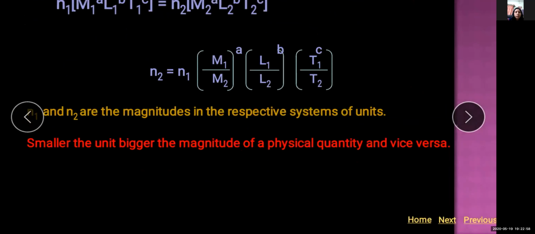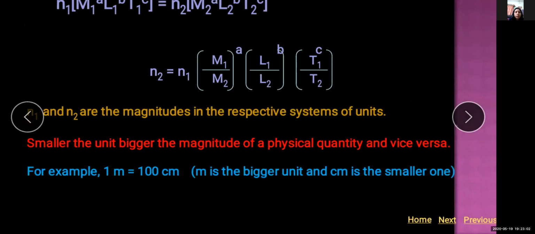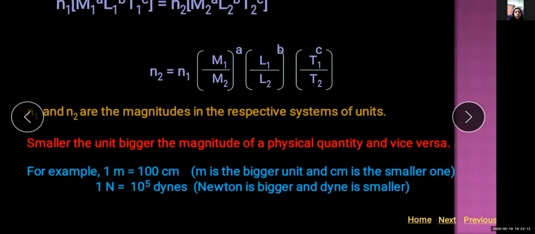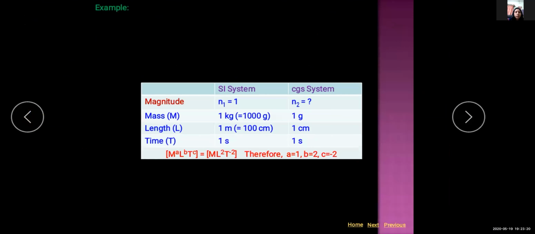Smaller the unit, bigger the magnitude of a physical quantity. For example, 1 meter equals 100 centimeter. So meter is the bigger unit and centimeter is the smaller unit. You already know about it. 1 Newton is equal to 10^5 dynes. Newton is bigger and dyne is smaller.